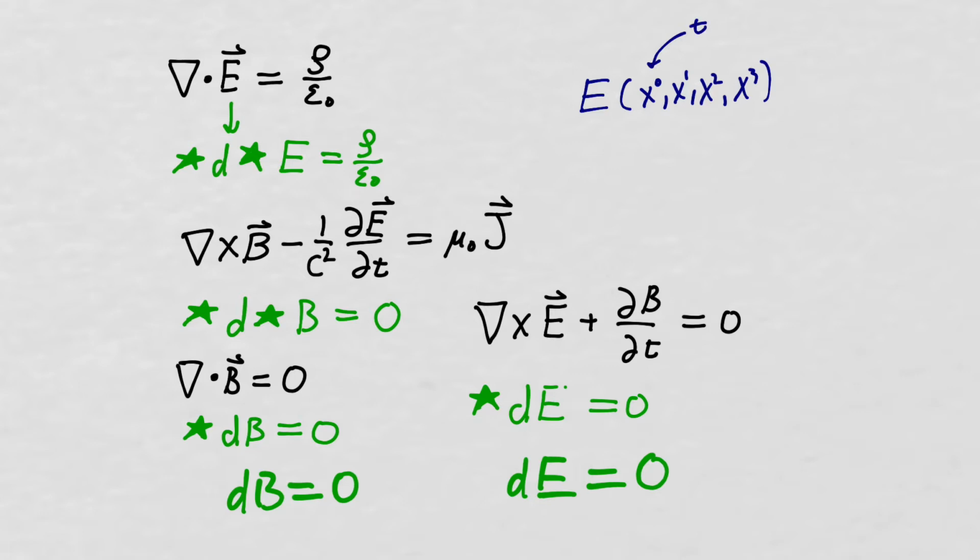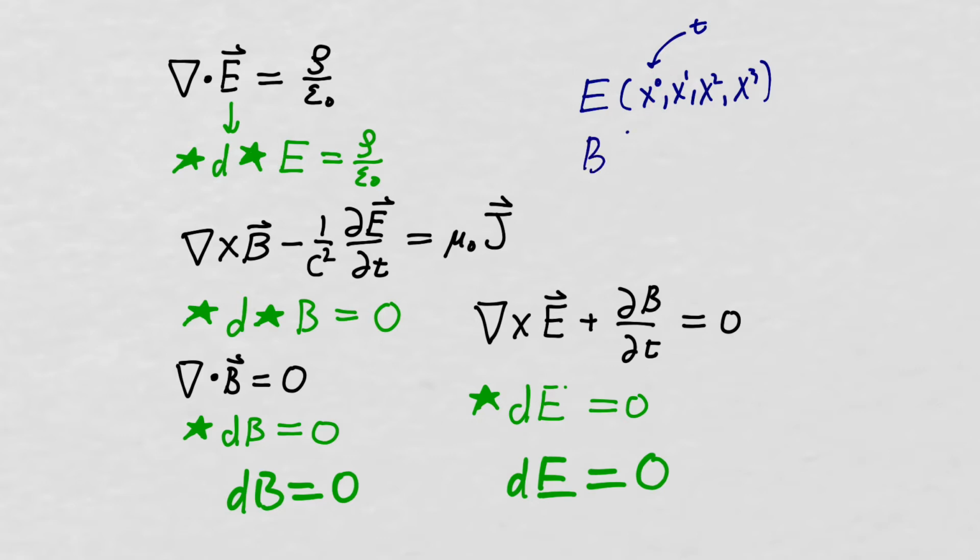I call it time because the standard mathematical architecture used for electromagnetism usually has time labeled as t, whereas the standard architecture used for differential forms, we use this x0, 1, 2, and 3, where x0 is the time variable.